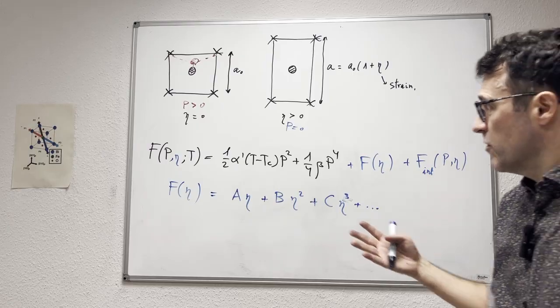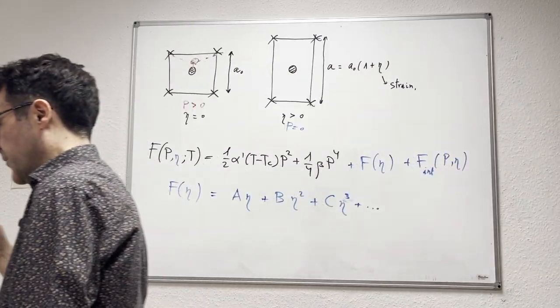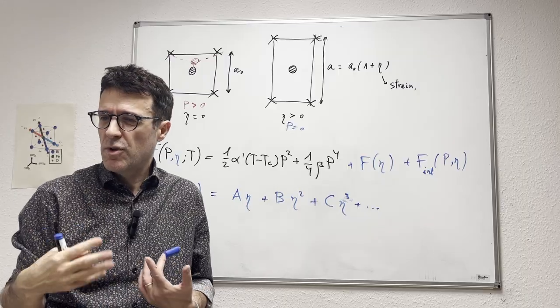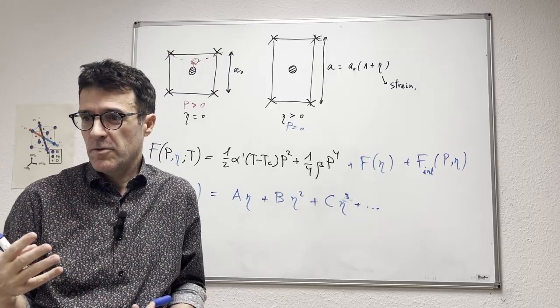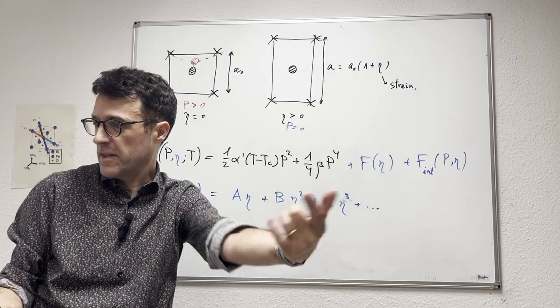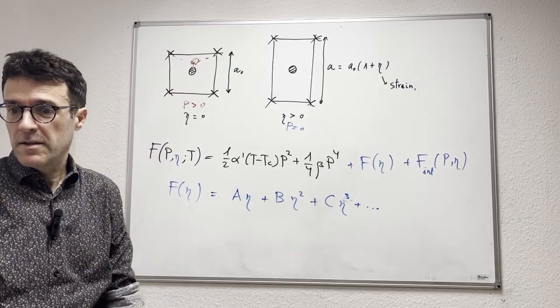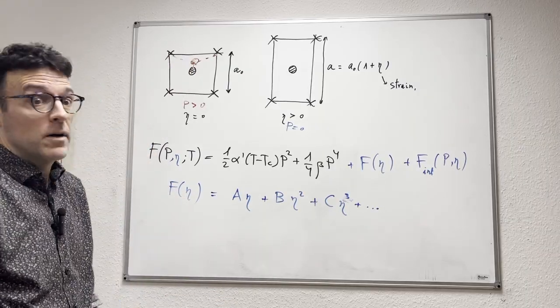So the first thing that we have to worry about is whether these strains, if you remember for the polarization, we convinced ourselves very quickly that we could not have odd terms in the polarization. So P and minus P states have the same energy, meaning that if I move this atom up or down, the energy has to be the same. What happens with the strain?